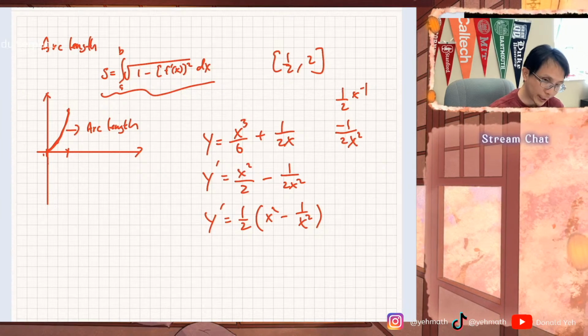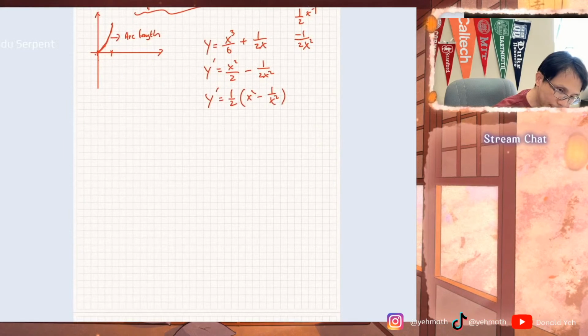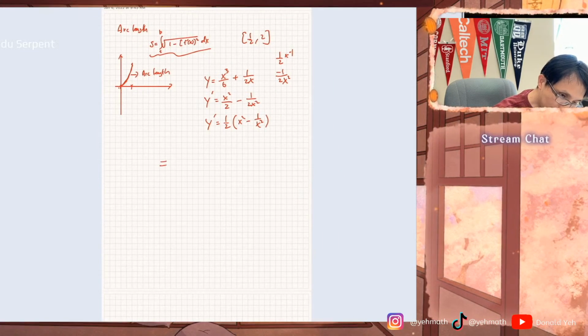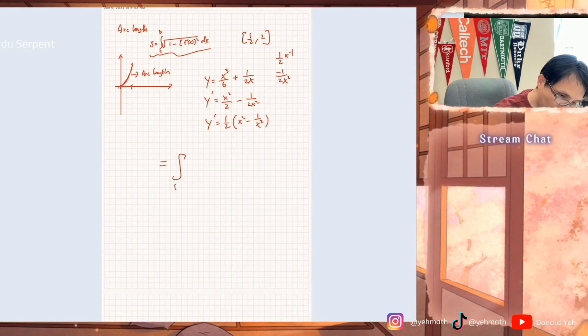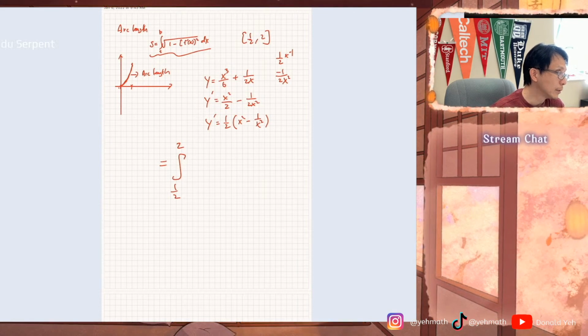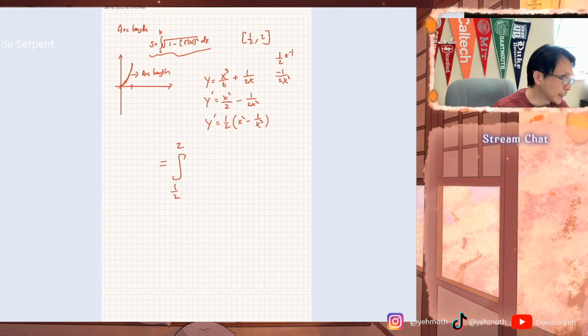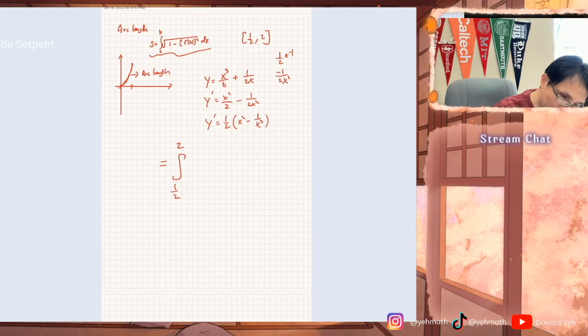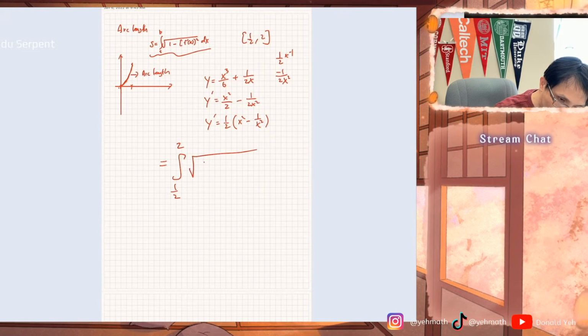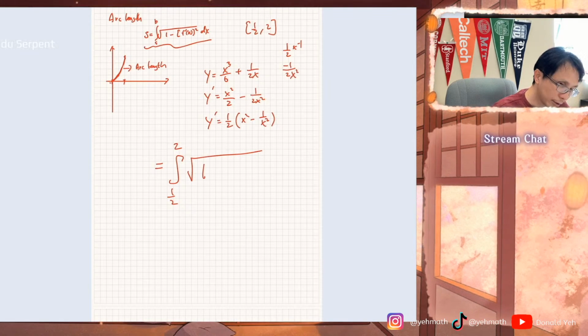So all we gotta do is plug in. So the arc length, just plug in. So it's equal to integration from 1/2 to 2, because that's a boundary we want to know. This one's kind of an ugly number. So square root of 1, sorry, this is plus.